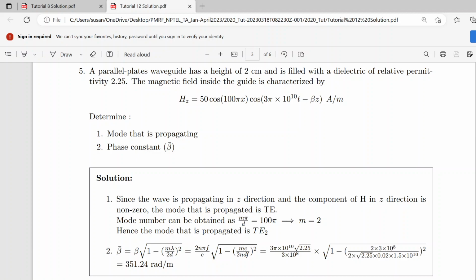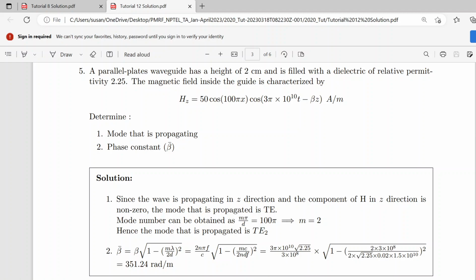Beta is 2 n pi f by c into square root of 1 minus m c by 2 n d f, the whole squared.